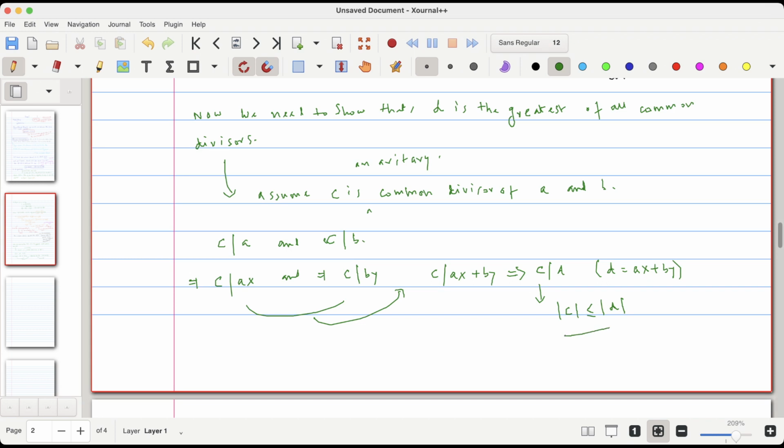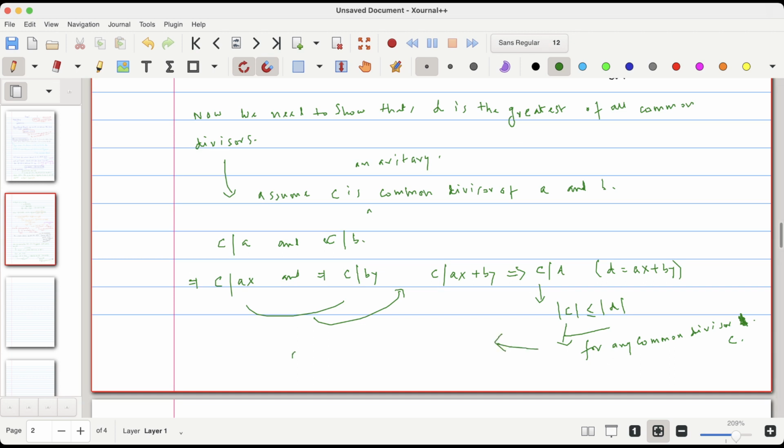So C is a common divisor and C is less than or equal to D. For any common divisor C, it is true. So what does it mean?